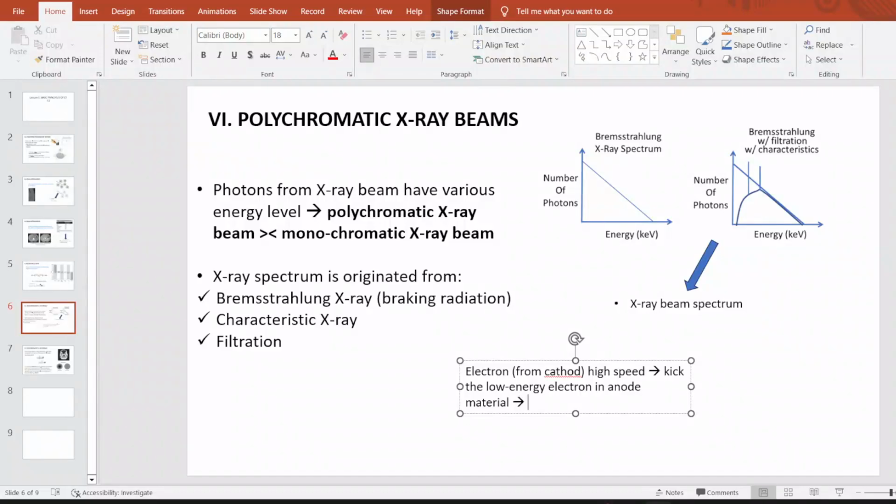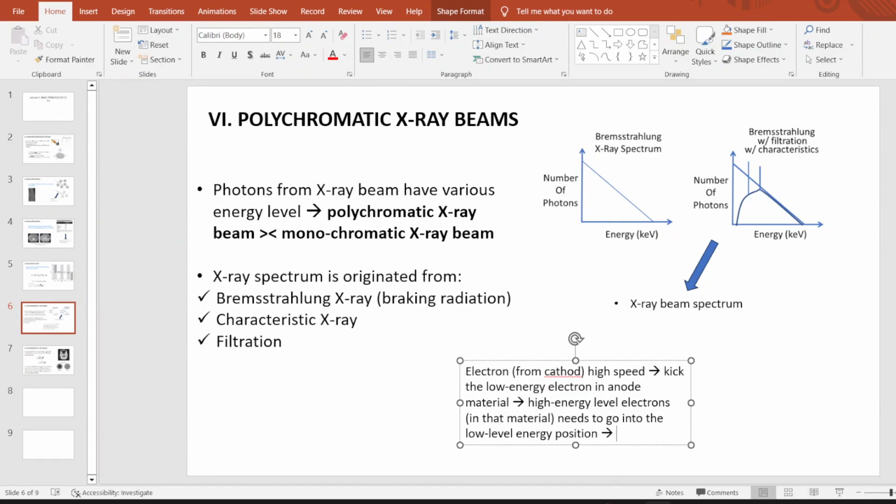This leads to a high energy level electron in that material needing to go into the low level energy position.